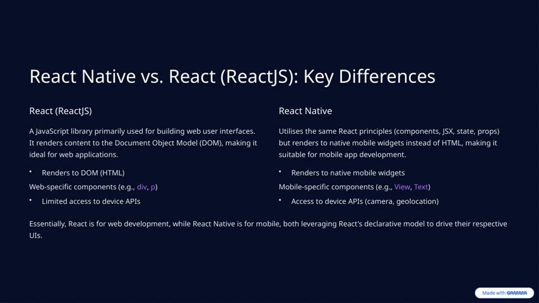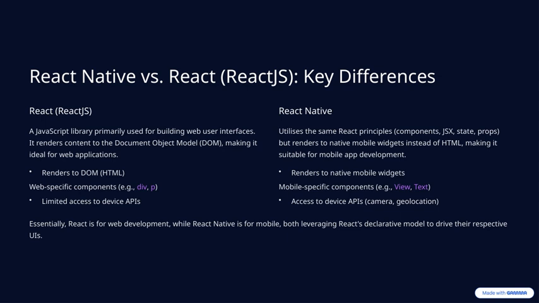Now, React Native, on the other hand, uses the same core principles: components, JSX, state, and props, but it's designed specifically for mobile app development. Instead of rendering to HTML, React Native renders to native mobile widgets, which means the components you build look and feel like real native app elements. You'll use mobile-specific components like view and text, and you'll have direct access to device APIs like the camera and geolocation.